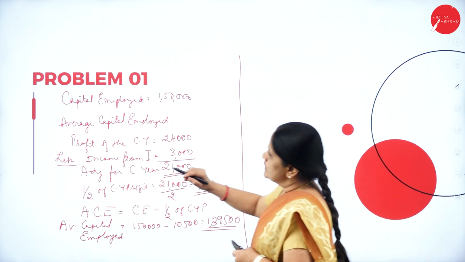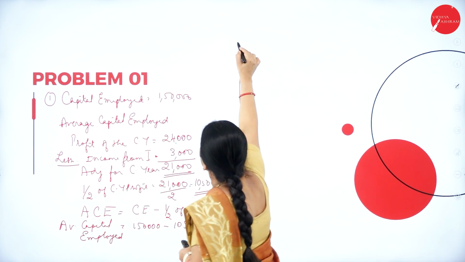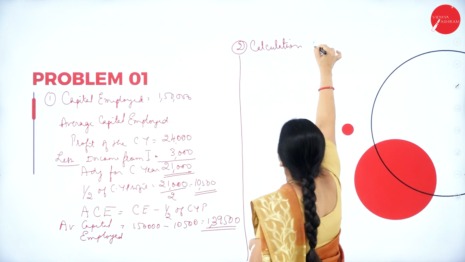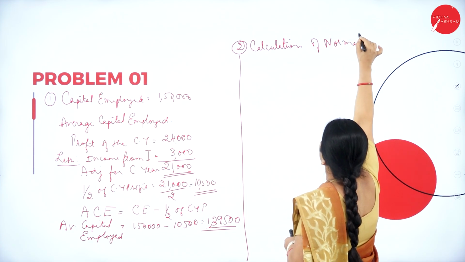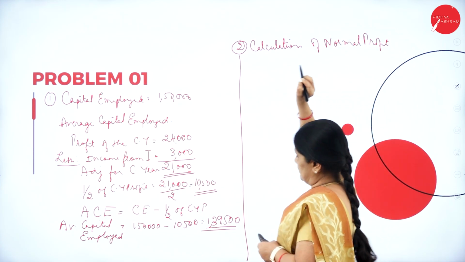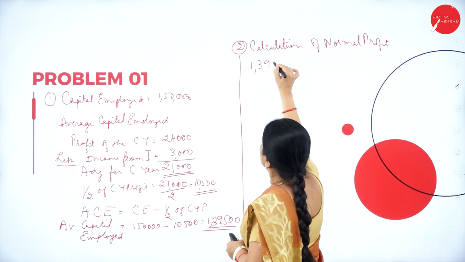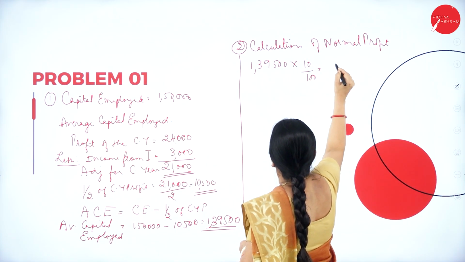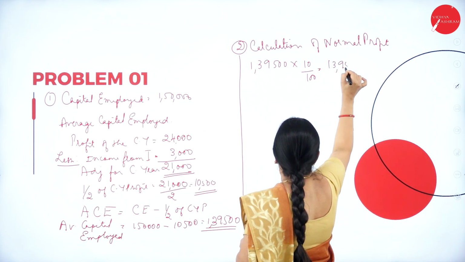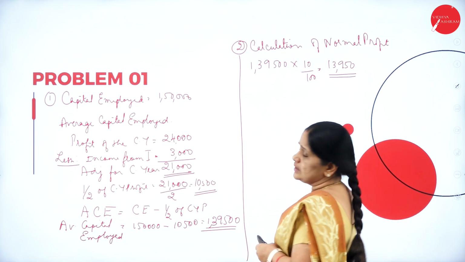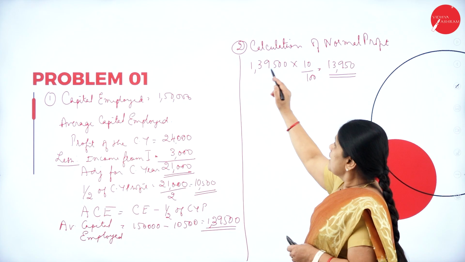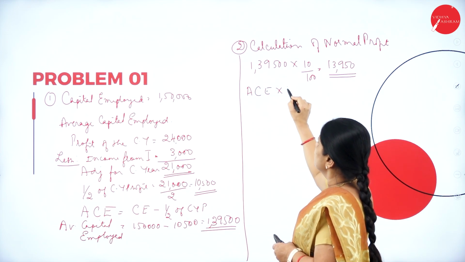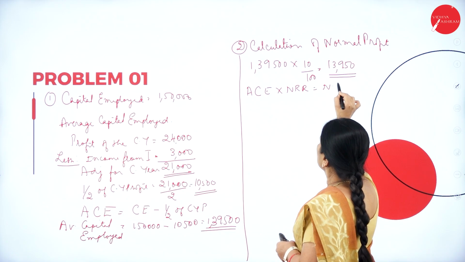Now the next step is the calculation of normal profit: average capital employed, ACE, into NRR, I get the normal profit.